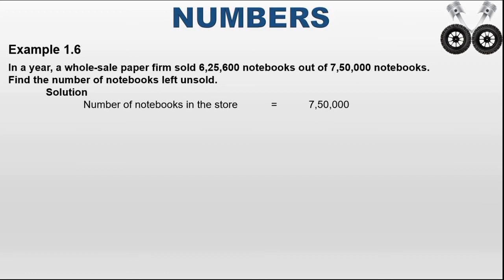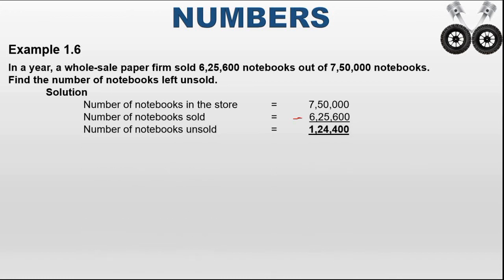That means you have to find the difference between the notebooks in stock and the notebooks which are sold. First, the number of notebooks in the store is 7,50,000. The number of notebooks sold is 6,25,600. So we have to subtract. 0 minus 0 is 0, 0 minus 0 is 0. 6 cannot be subtracted from 0, so we have to borrow. Again the next number is 0, so we have to borrow from here.